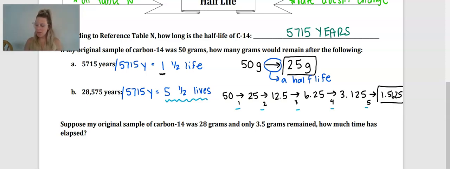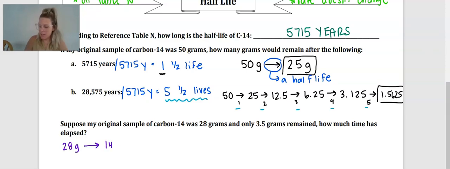In order to complete this problem, we're going to start with our initial mass, 28 grams. After 1 half-life, I would have 14 grams. After 2 half-lives, I would have 7 grams. And after 3 half-lives, I would have 3.5 grams. And so that's what it was asking.